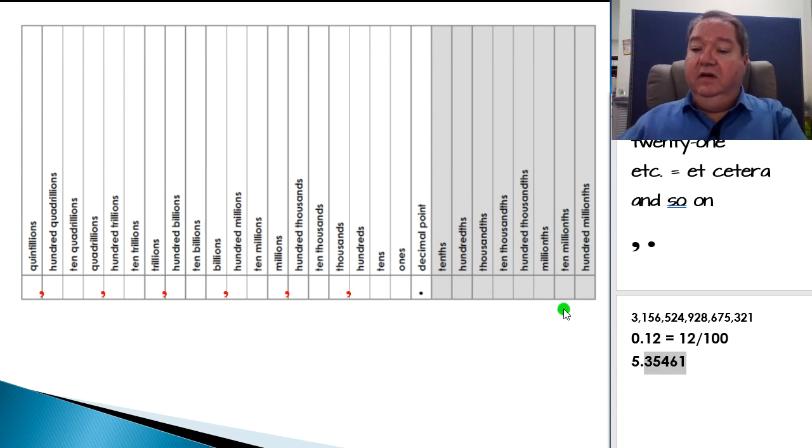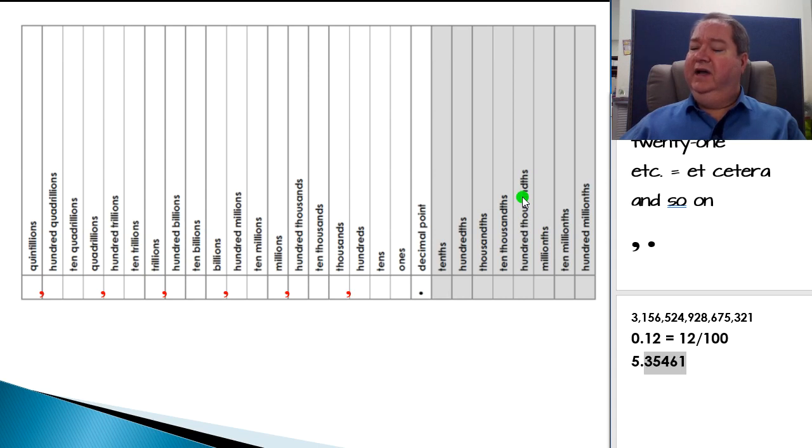So this is the tenths, hundredths, thousandths, 10 thousandths, 100 thousandths. So it's 5 and 35,461 100 thousandths. Okay?